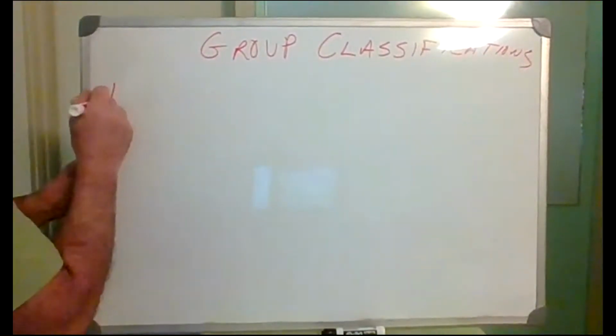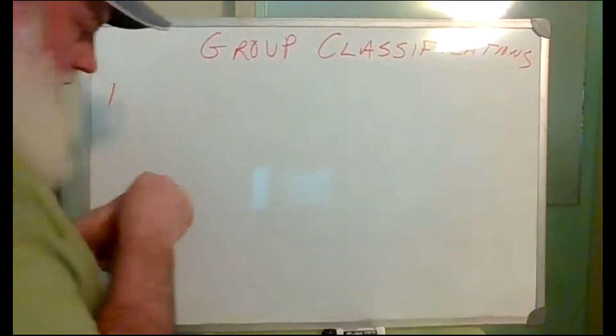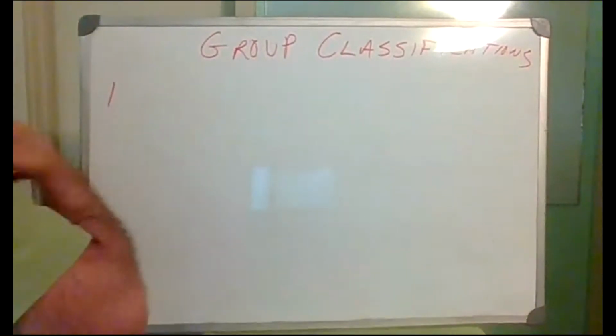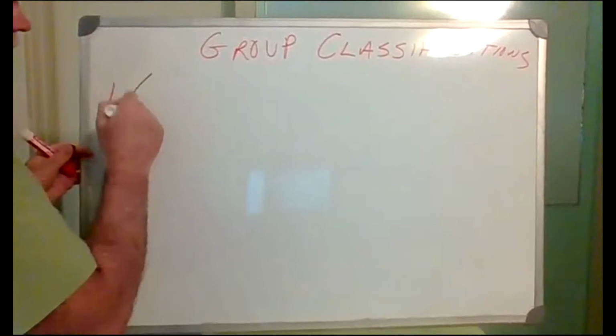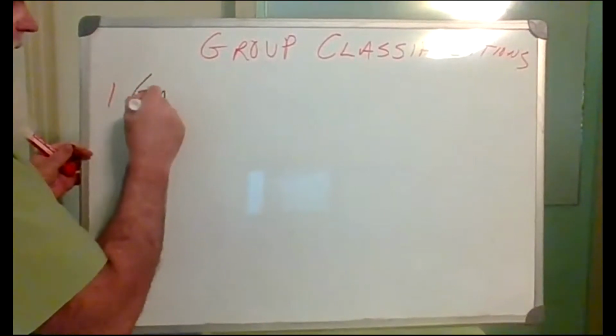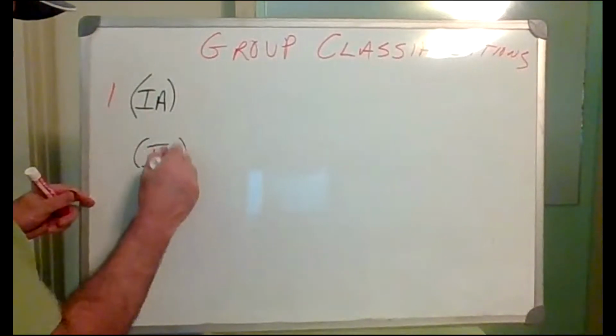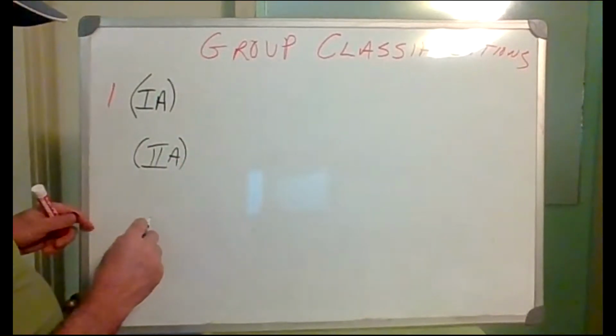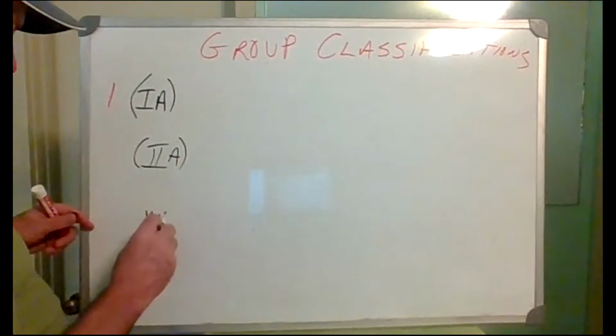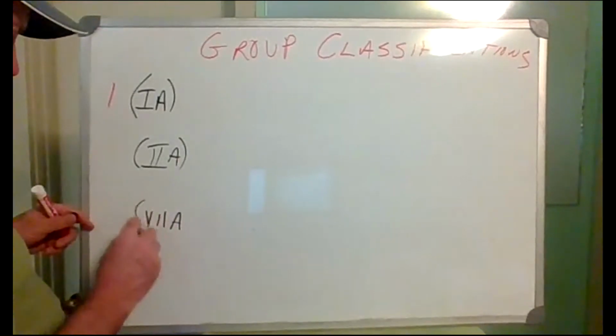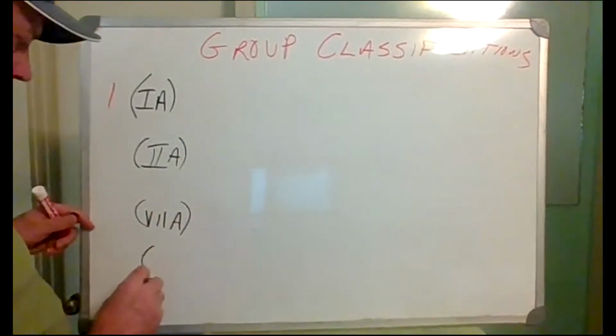So group 1, and then in parentheses, in black, I'm going to put the Roman numeral 1A, 2A, 7A, and 8A.